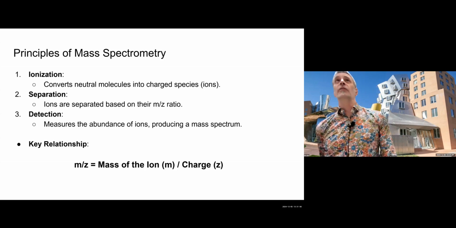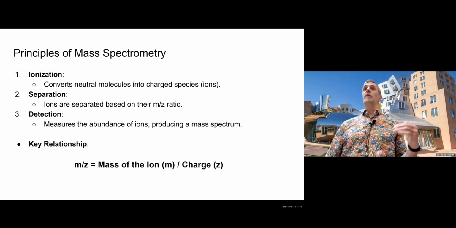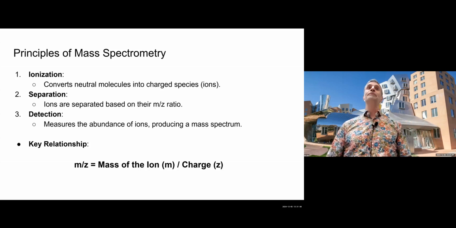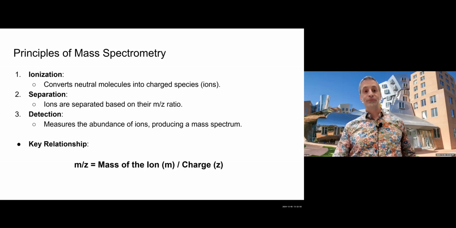So we can think of a mass spec as a really fancy scale. We're measuring the weight of things. We're measuring the weight one molecule at a time. And the way that we're doing that is by ionizing that molecule and then seeing how it behaves in an electric field.